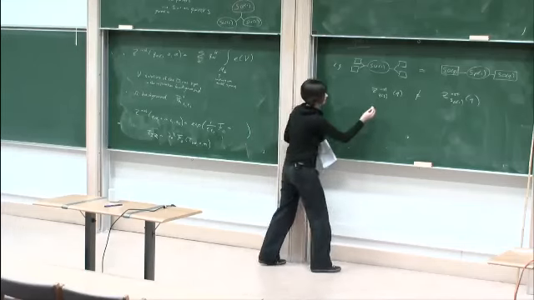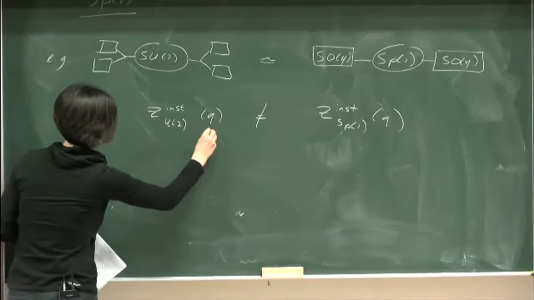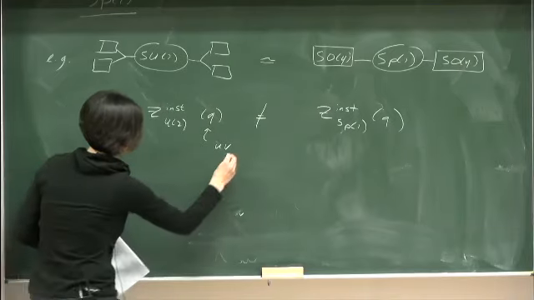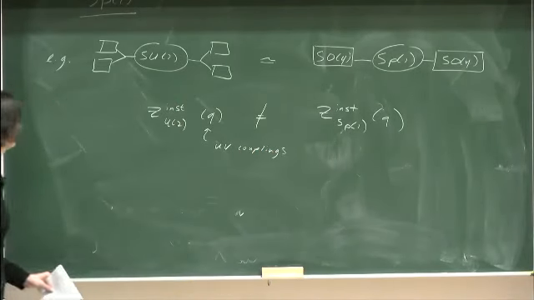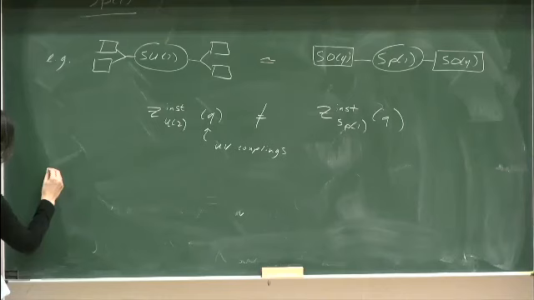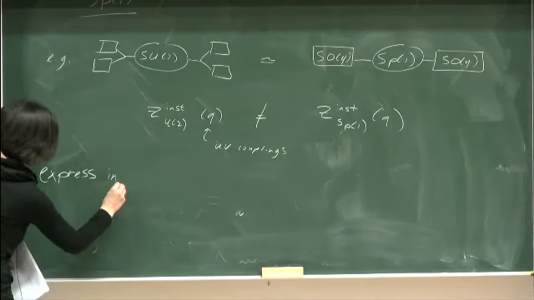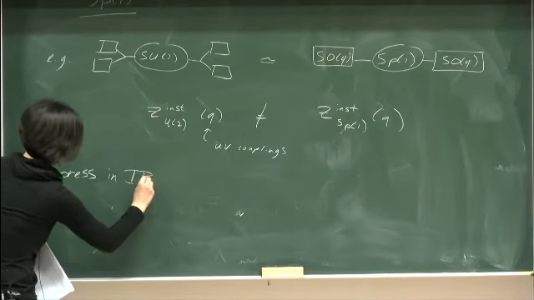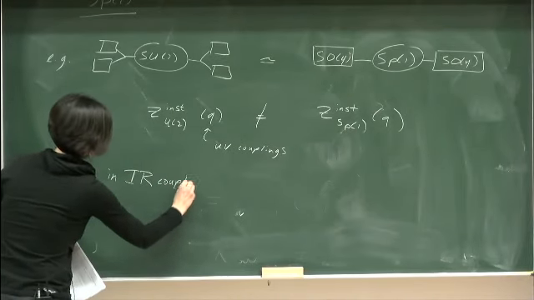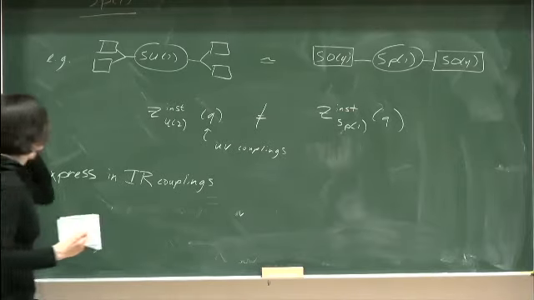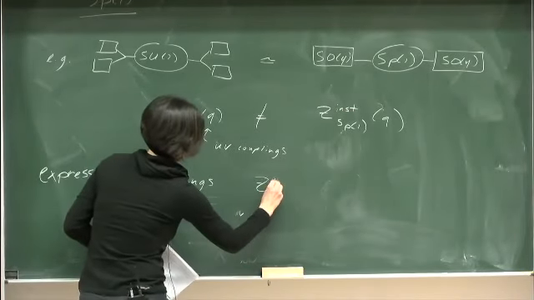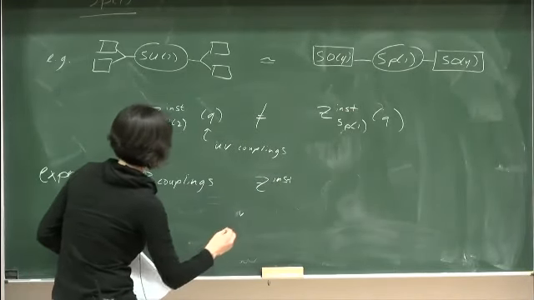if you express, so remember that these Q's are the UV couplings. Instead, if you express everything in terms of IR couplings, which are the physical quantities, you will see that there is in fact an agreement between these two.